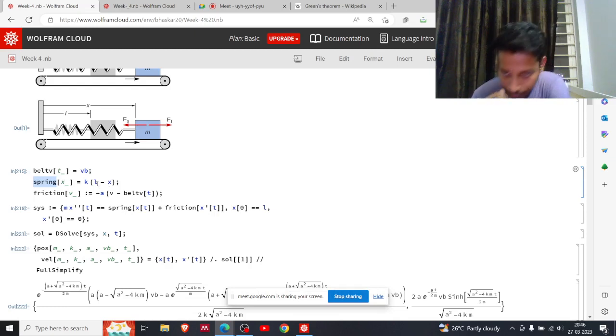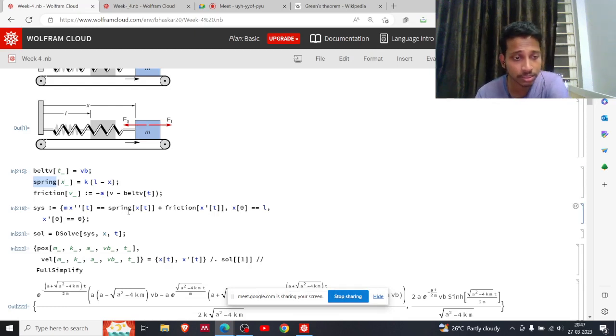Then the spring is executing a force, that is k(L minus x). Here k is the spring constant, and the displacement of the spring is L minus x. Then the friction that is acting here acts as the damping force, so it is written as minus a(v minus Vb).